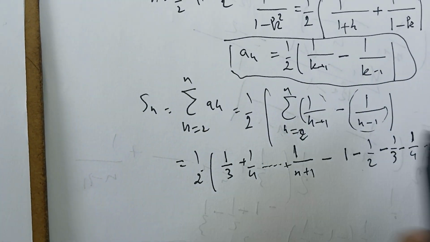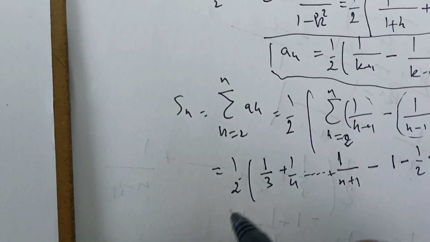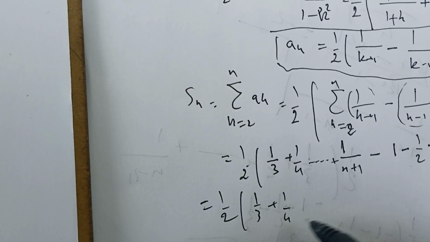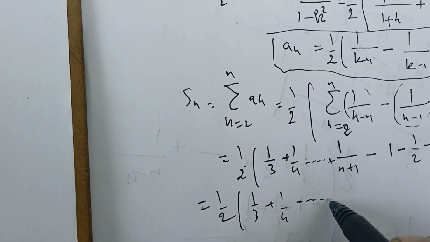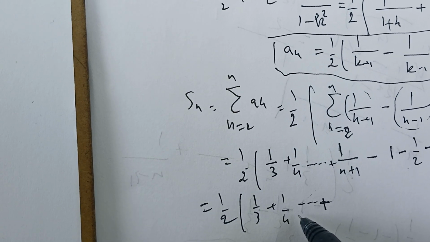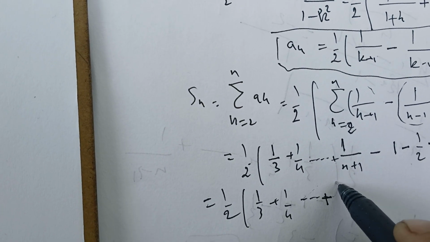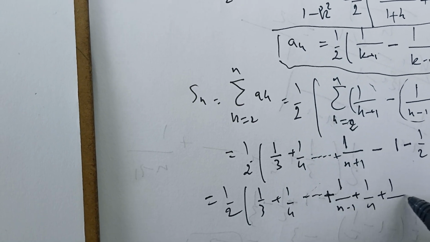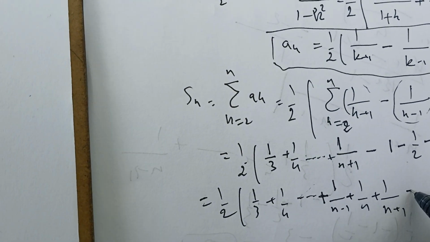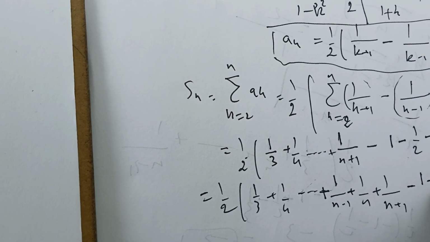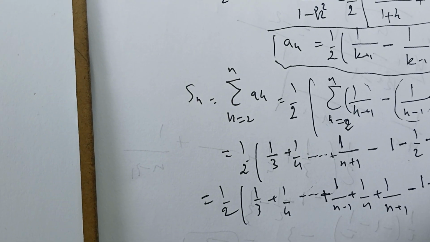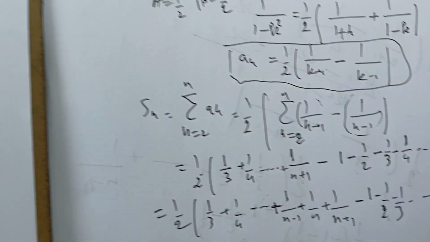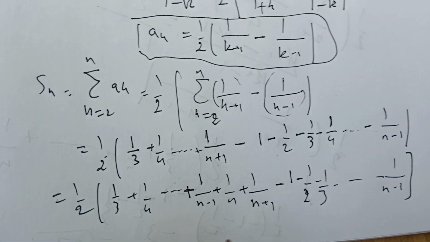We start to see something, but we need to do one more step. 1/3 plus 1/4, and here I'm going to stop at the term 1 over n minus 1. What's the next one? 1 over n. What's the next one? 1 over n plus 1. And I subtract it from 1 plus 1/2 plus 1/3, up to the last one, which is 1 over n minus 1. Here I can see something.